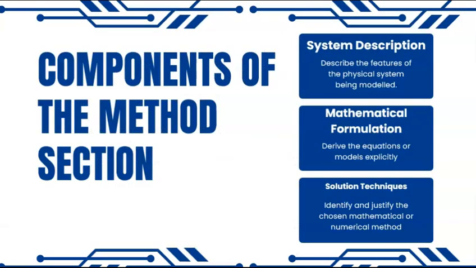So first, what are the components of the method section of a theoretical research paper? The first component is the system description. This is where you describe the features of the physical system you are trying to model theoretically. Say the system is like a quantum dot and it is spherical in nature.